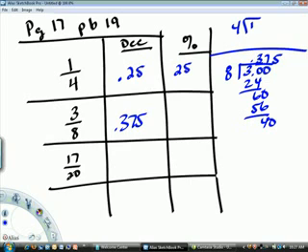You should have got 0.375, and then what's the percent? Good, 37.5%.